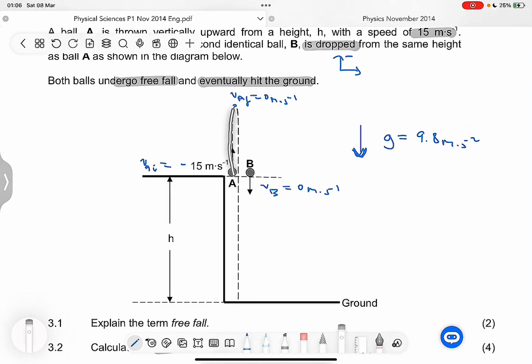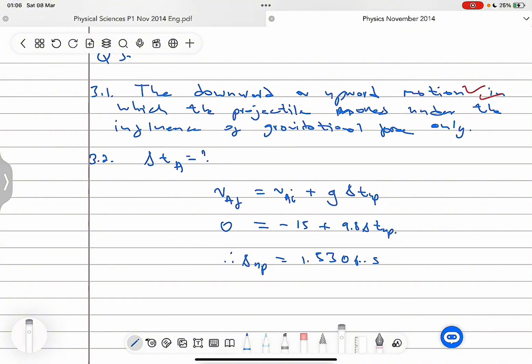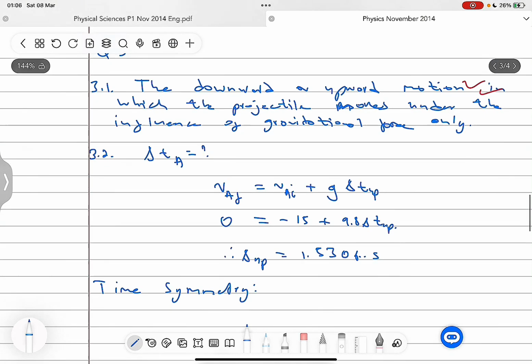Remember, we only found the time it takes to go up, but we know that vertical projectile motion is symmetrical. We have what we call time symmetry in vertical projectile motion.